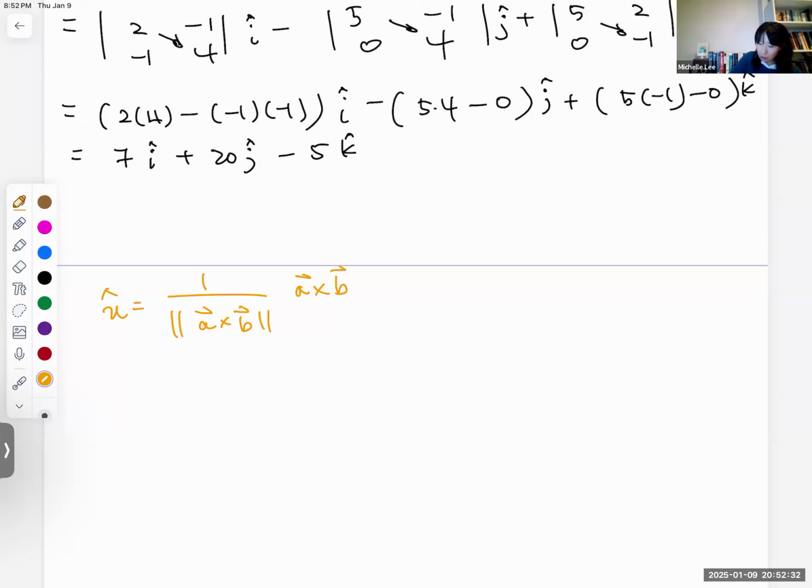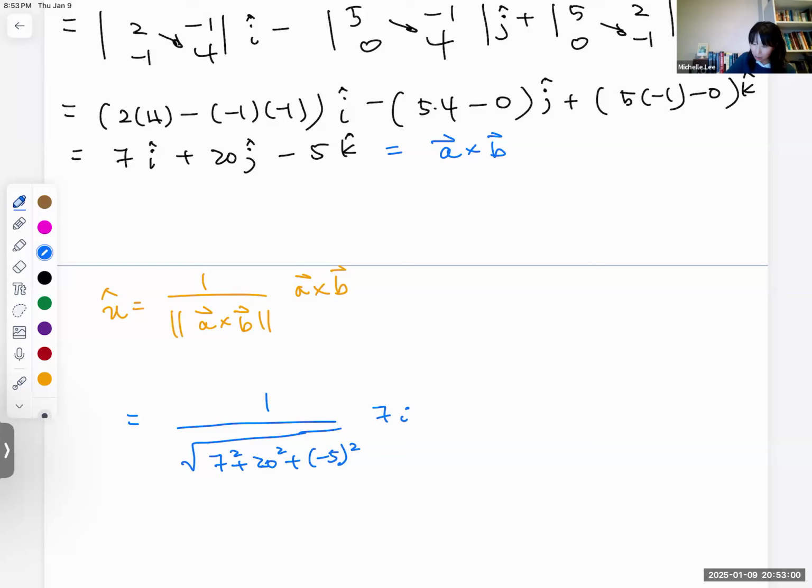The magnitude is the square root of 7 squared plus 20 squared plus -5 squared, and 1 over that times the cross product, 7i plus 20j minus 5k.